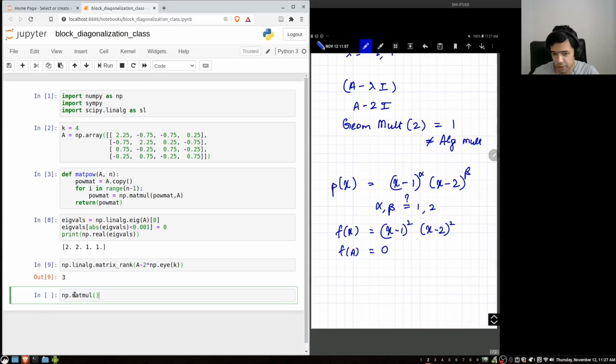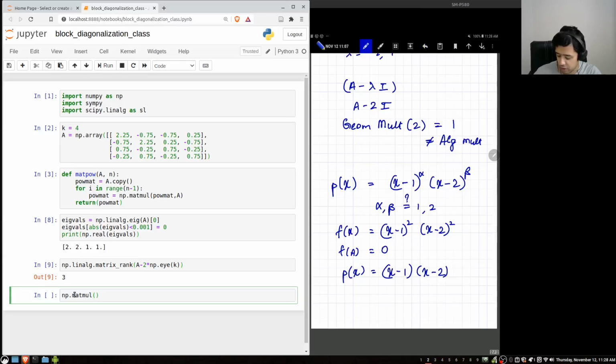Now if the matrix were diagonalizable, then the minimal polynomial would have been x minus 1 times x minus 2, but clearly this is not the minimal polynomial, because if it had been, the matrix would be diagonalizable. So obviously maybe alpha and beta are 1 and 2, or 2 and 1, or 2 and 2.